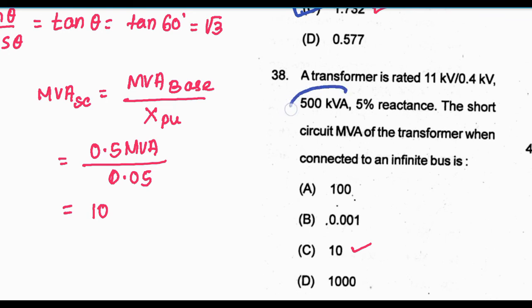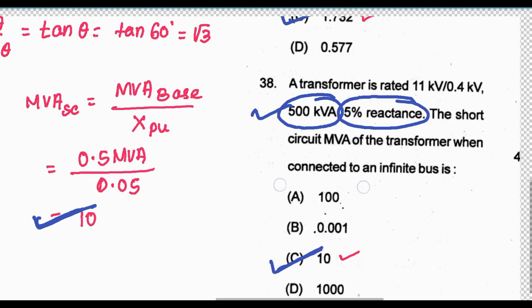Here given 500 kVA, so this will be the MVA base. In terms of MVA, 500 by 1000, that means 0.5 MVA. This is base value by X in per unit value. X is given to be 5%, and in per unit value it will be 0.05. So the answer is 10. Option C is the correct answer.